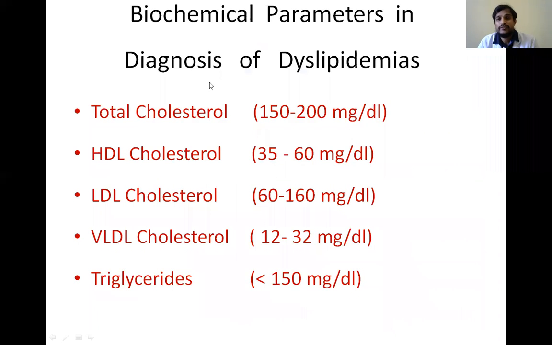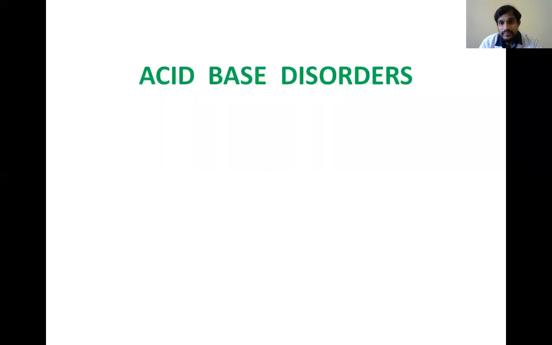For the diagnosis of dyslipidemias, that is increased or decreased lipids in the blood, we assess the lipid profile: total cholesterol, HDL cholesterol, LDL cholesterol, VLDL cholesterol, and triglycerides. So these are the normal ranges. If there is any abnormality, then we can diagnose it as dyslipidemia.